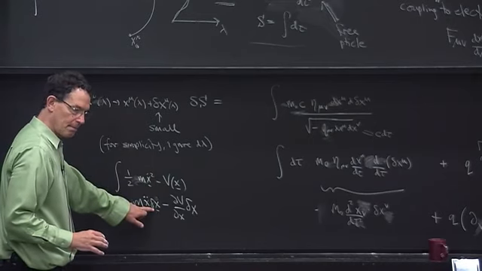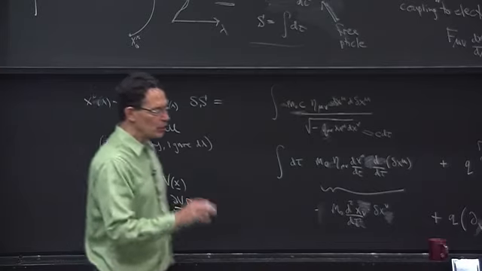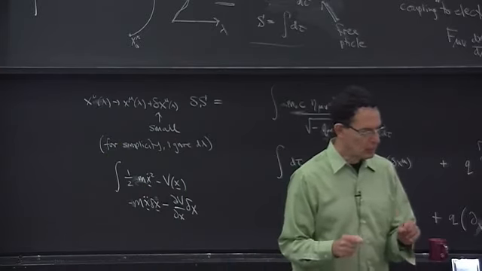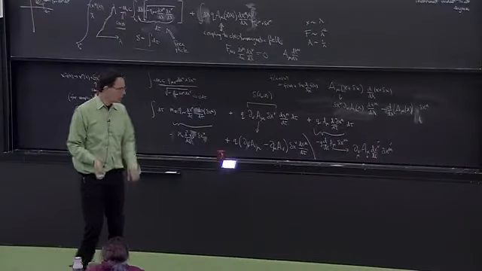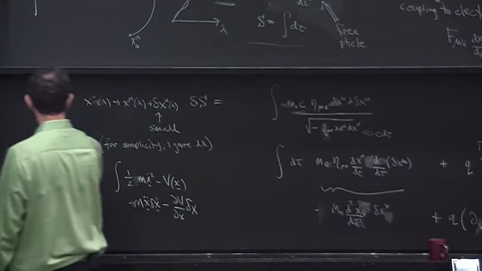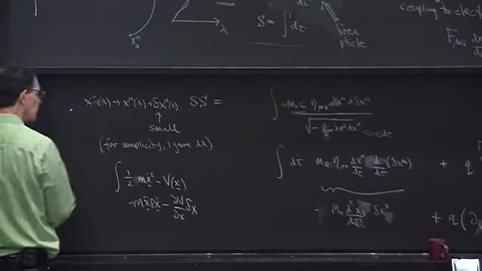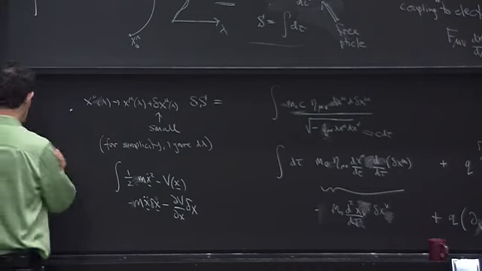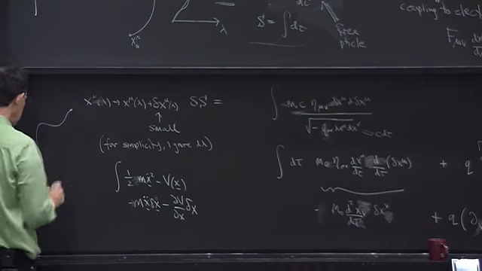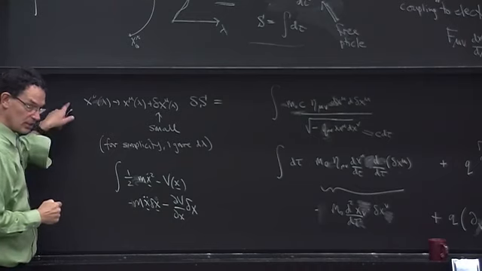Why is that okay to ignore them? You don't really ignore them. When you think about it more carefully, what you're saying is you fix the initial and final points, and then you consider all variations which vanish at the initial and the final point.